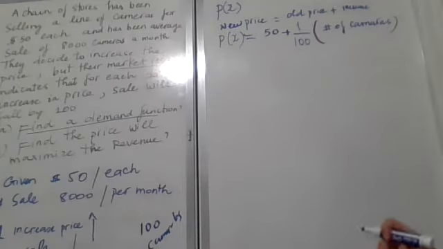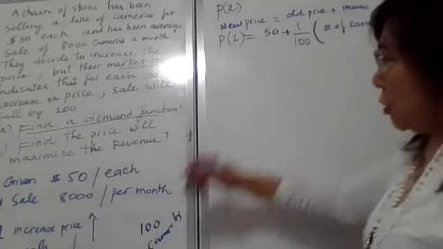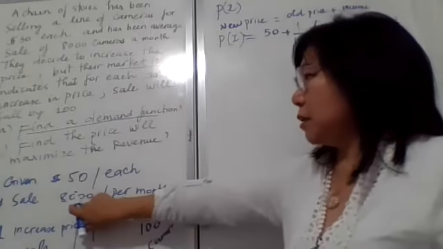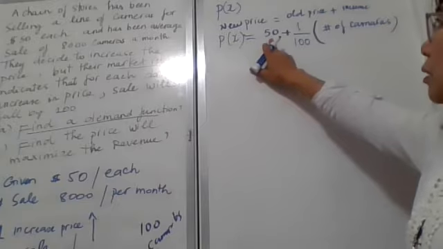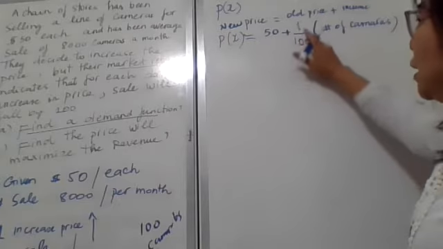Now, how do we multiply with the number of cameras? We know that the number of cameras is supposed to be 8,000 if we sell at $50, instead of adding a little something in here.